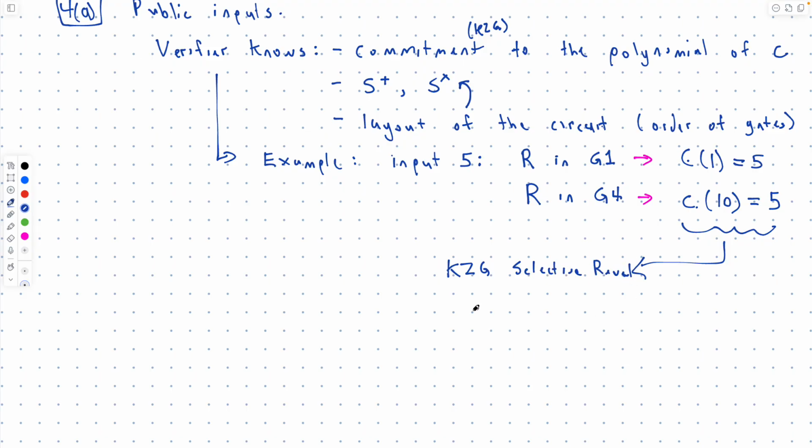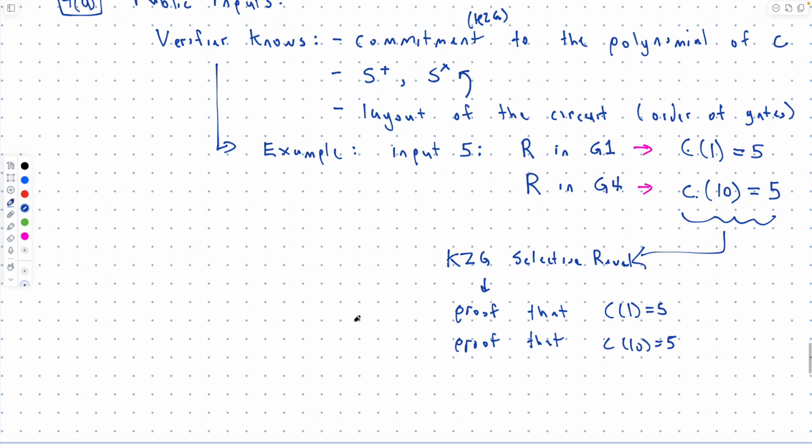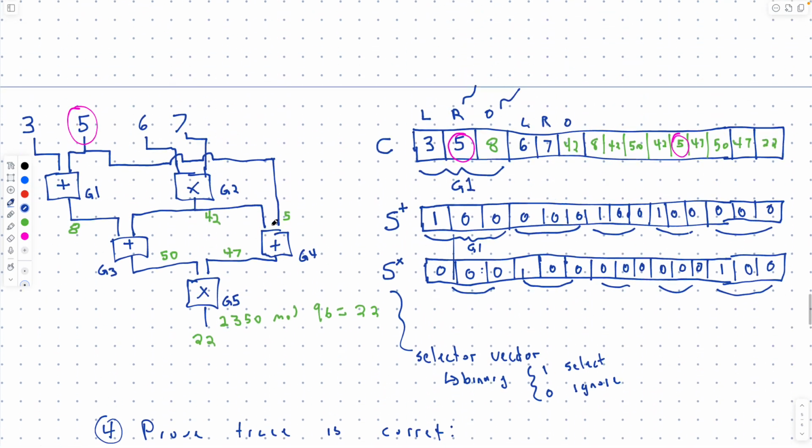And they'll give you a proof that C of 1 equals 5. And then you'll run it again, and you'll get a proof that C of 10 equals 5 as well. So basically for every public input, you'll do a KZG opening.